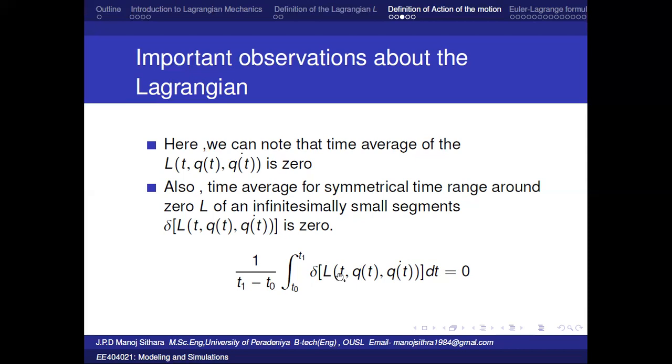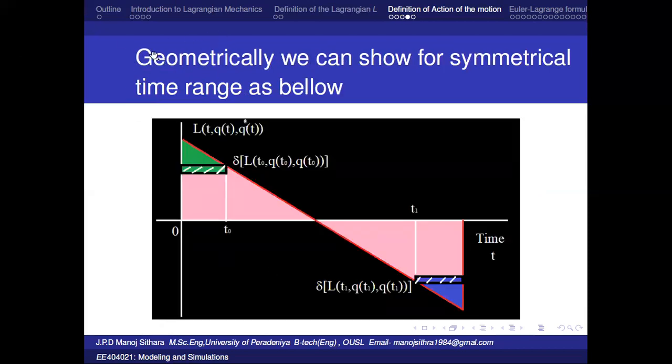Geometrically we can show that the symmetrical time range around the 0 Lagrangian point, that means t naught to t1, right, has the average of 0 Lagrangian because the area under this shaded pink color is the same as the area shaded in pink in the other triangle here, right?